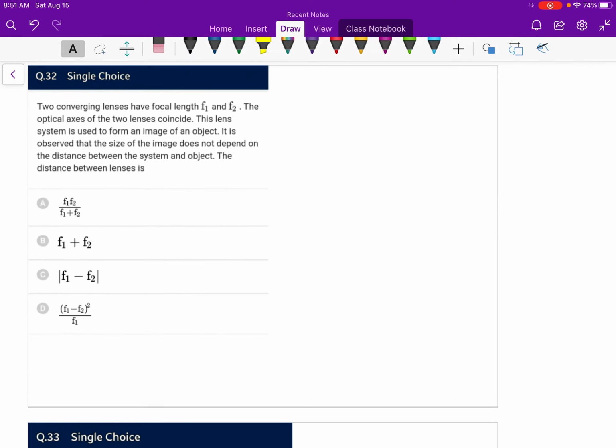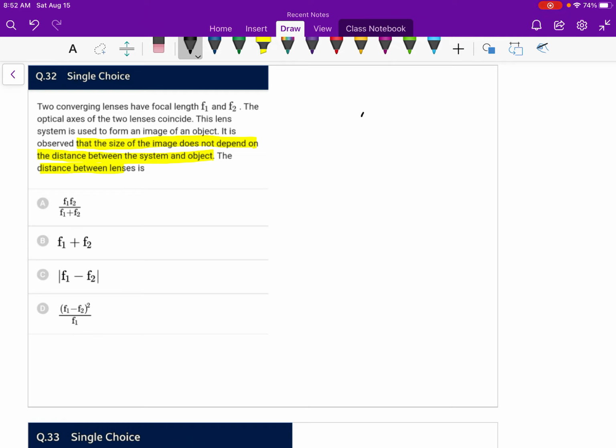Two converging lenses of focal length f1, f2. The optical axis of two lenses coincides. This lens system is used to form an image of an object. It is observed that the size of the image does not depend on the distance between the system and the object. The distance between lenses is, okay.